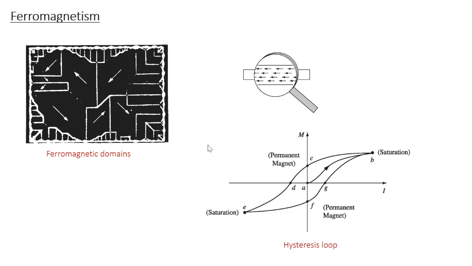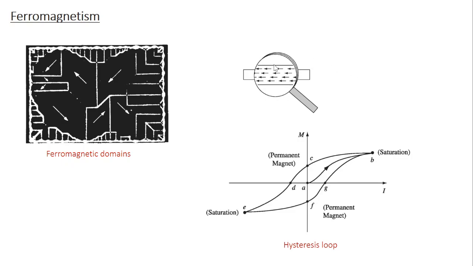Before concluding, let me talk a bit about ferromagnetism. As I said, ferromagnets are materials used for constructing permanent magnets because they have a capacity to retain magnetization. The main difference between ferromagnets and paramagnets or diamagnets is that ferromagnets consist of small regions known as domains. Inside each domain, there is a perfect alignment of magnetic dipoles.